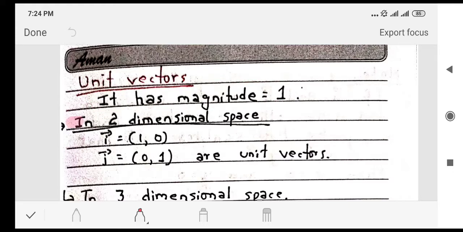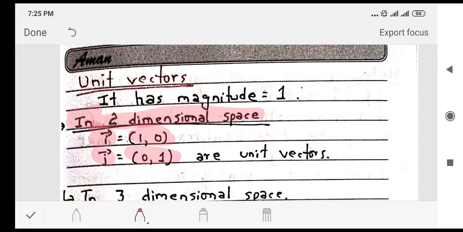Okay, so if you take examples of two-dimensional space, then we can see (1, 0) is a unit vector, and it is denoted by i with an arrow cap. Similarly (0, 1) is also a unit vector, and it is denoted by j with an arrow cap.